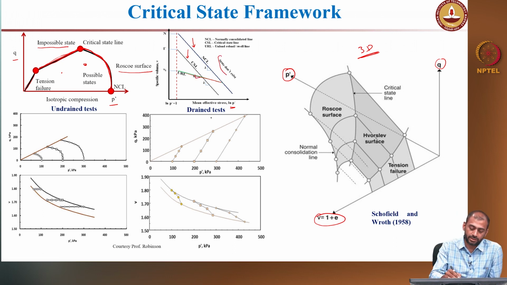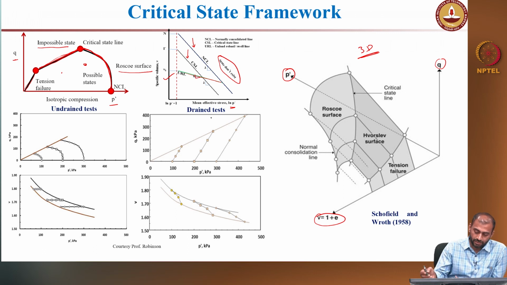Beyond this normally consolidated line, stress states are not possible, but you try to relate this mean stress, deviatoric stress, and the specific volume, and come up with this 3-dimensional locus, right. This is called the state boundary locus.